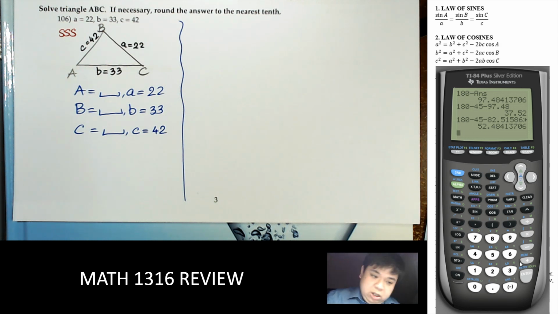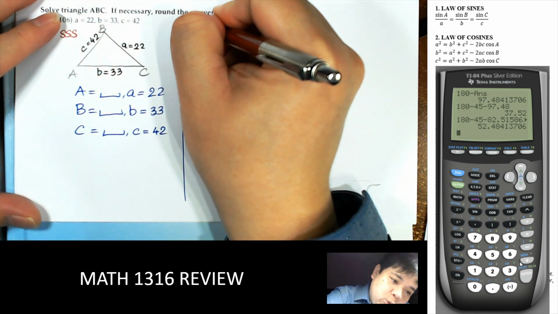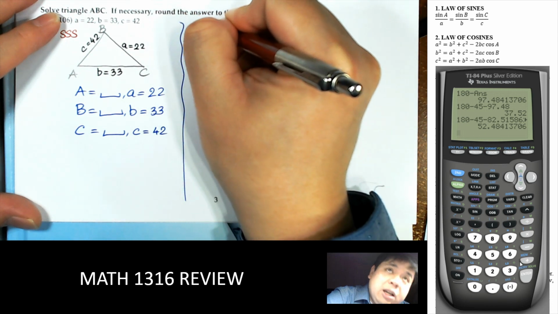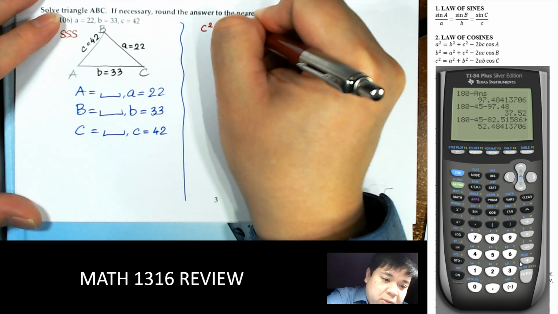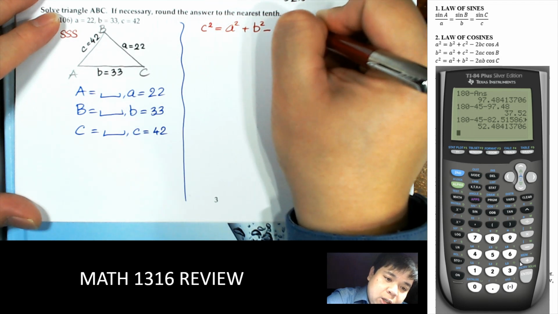So if we use the law of cosine to find an angle, let's go with the biggest one. So it will be c squared equal to a squared plus b squared minus 2ab cosine of C.